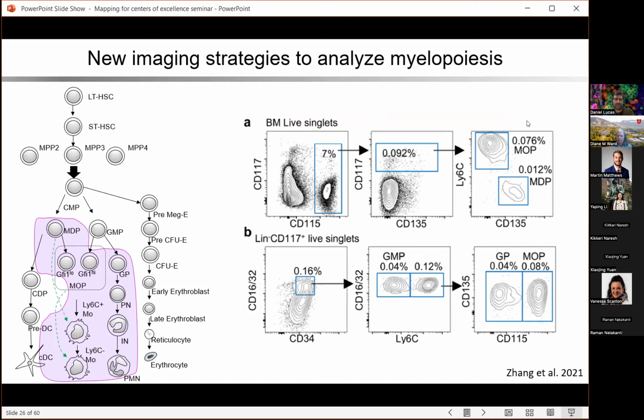So for example, to identify monocyte and dendritic cell progenitors, you had to use these 2 antibodies combined with CD135, that I told you earlier doesn't really work in imaging, and then fractionate these subsets. But if you want to look at the other myeloid progenitors, in this case, granulocyte monocyte progenitors and granulocyte progenitors, you need to use 2 extra different markers.